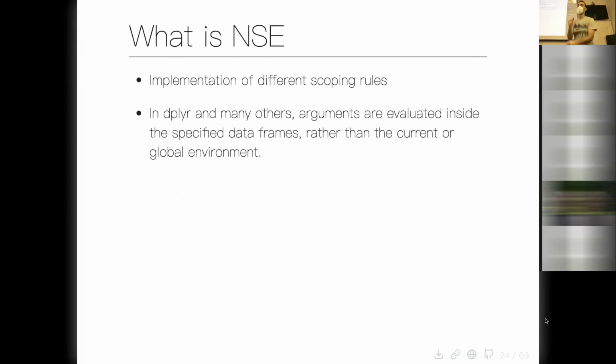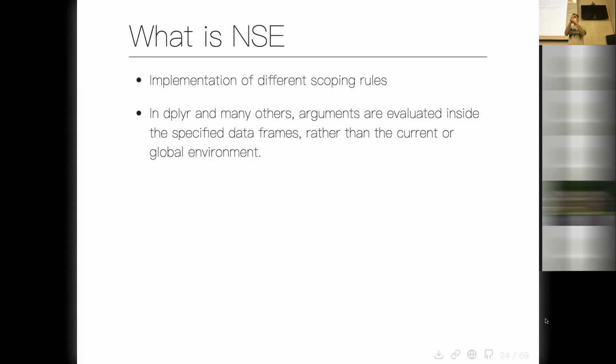Okay, so non-standard evaluation is an implementation of different scoping rules. We talked about scoping a little bit last class or the class before that. Can't remember which. But basically, scoping is, if you have a function and something that you're calling data, it's going to look inside the body of the function for something called data.